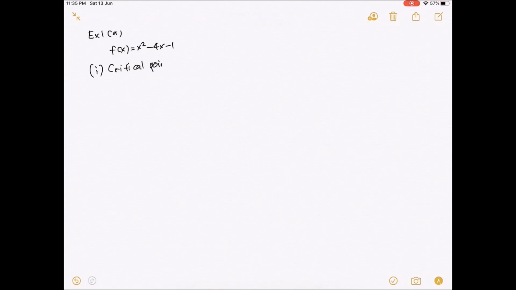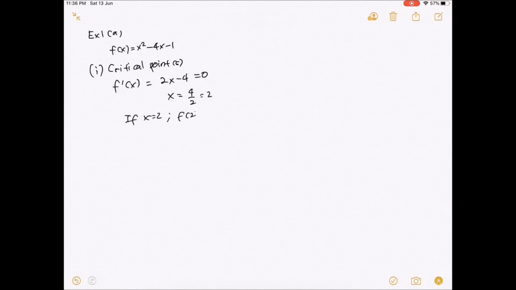If you still remember, to find the critical point, we differentiate the function to find the first derivative. So 2x minus 4, then set it equal to 0. Then you'll have x equals 2.